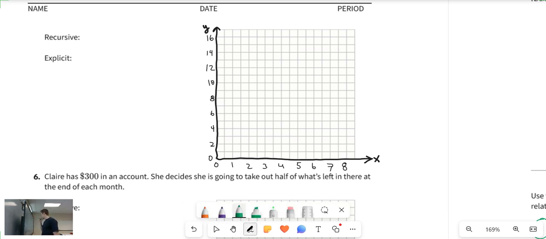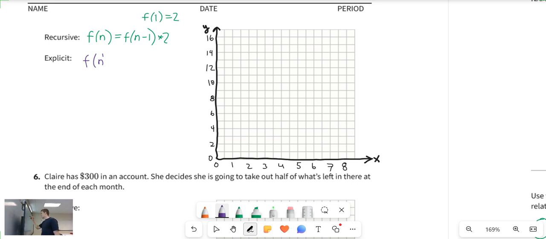Hang on, back to the green. f of n equals f of n minus 1 times 2, and then also f of 1 equals 2. That was important. And then our explicit was just f of n.